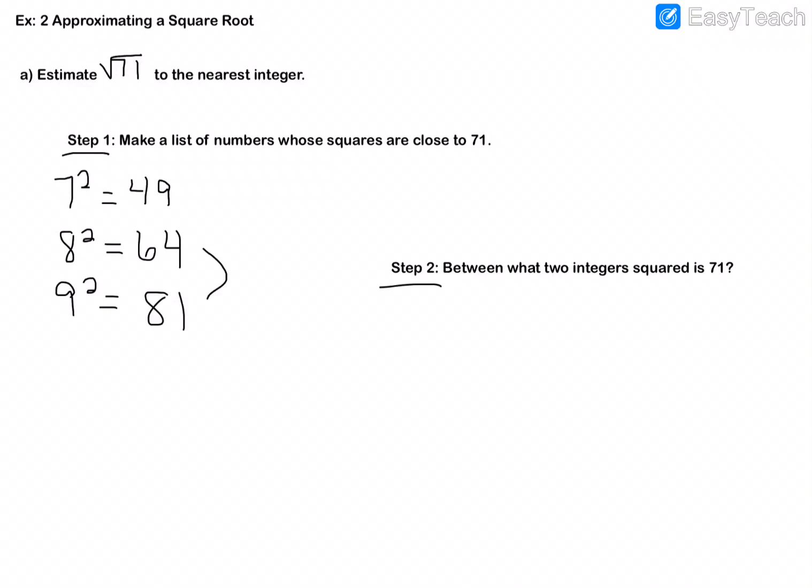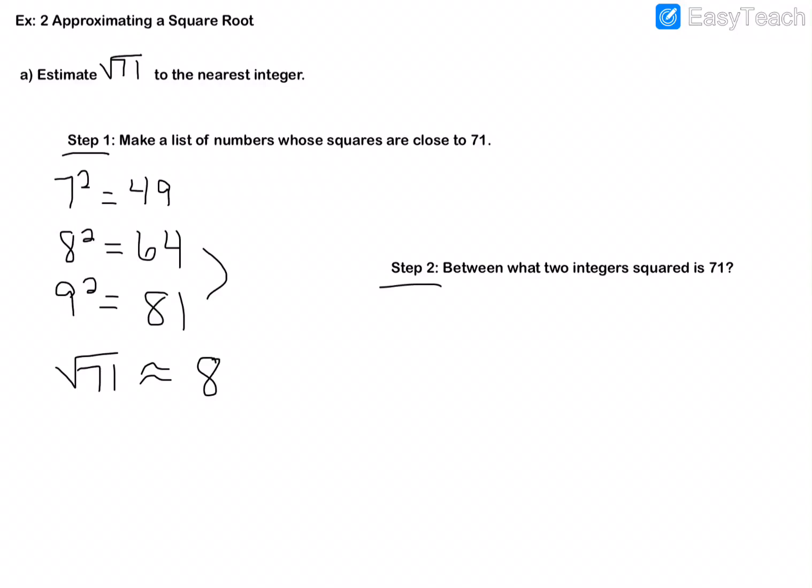And then 71 is 10 away from 81. So with that being said, the square root of 71 is approximately 8. Now, I have a squiggly equal sign. A squiggly equal sign means approximately or estimated. Okay, so you're estimating it as 8.